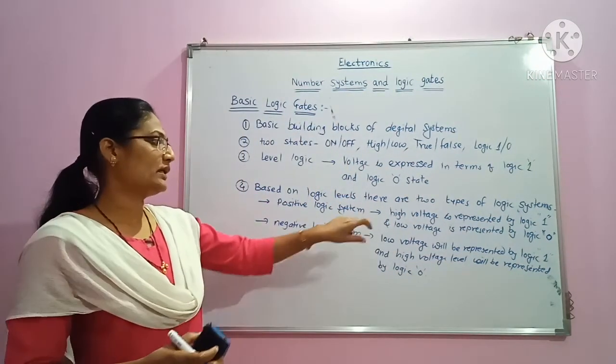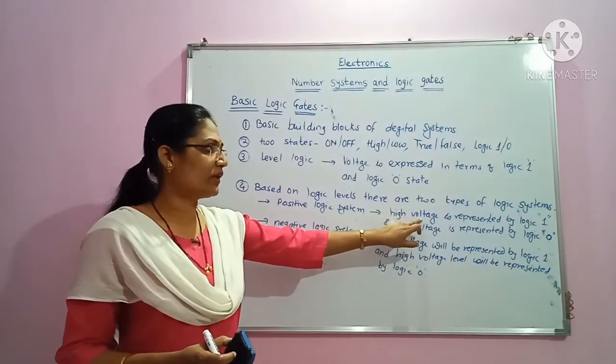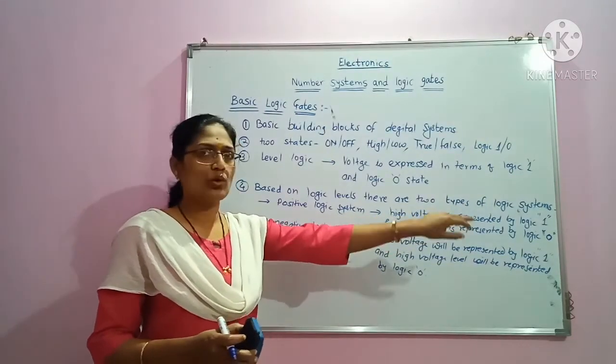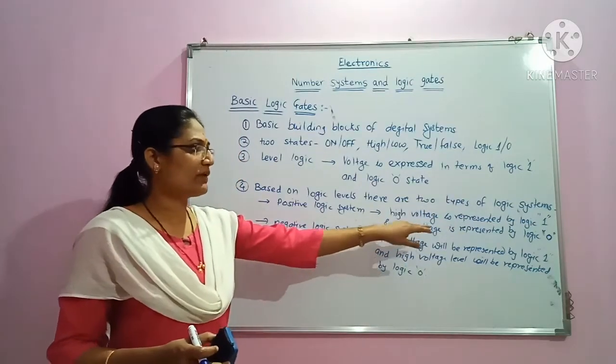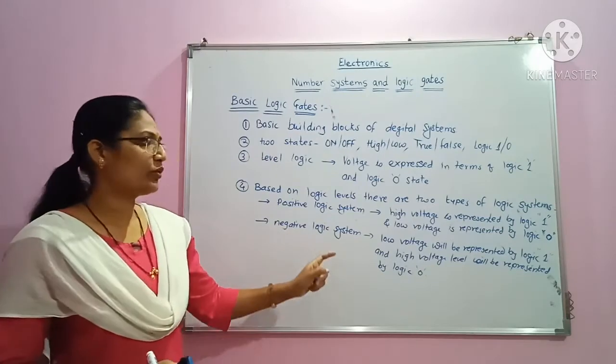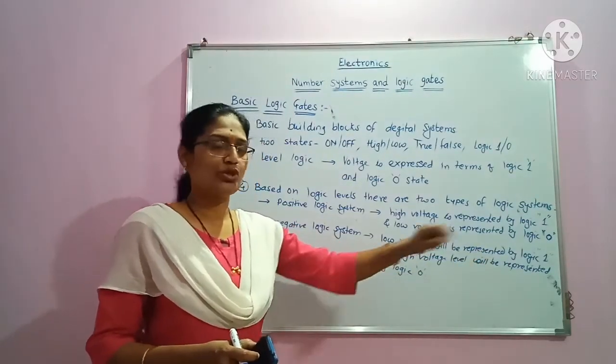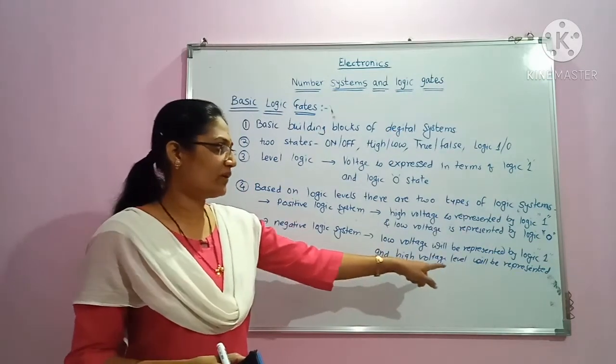So it is the inverse of the previous statement. In the positive logic system, high voltage level is represented by logic 1 and low voltage level is represented by logic 0, and in the negative logic system, low voltage level is represented by logic 1 and high voltage level is represented by logic 0.